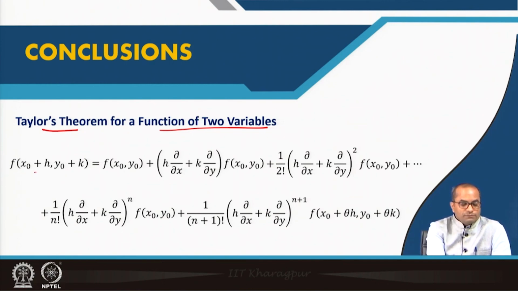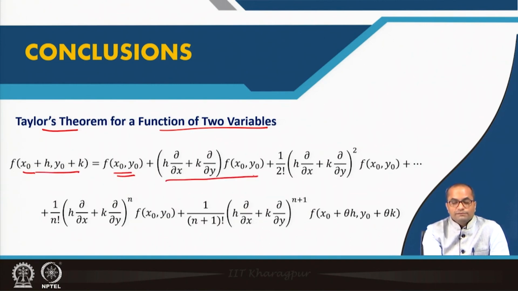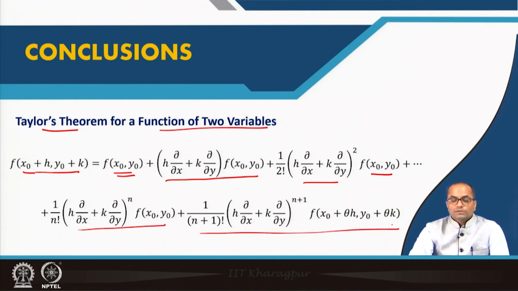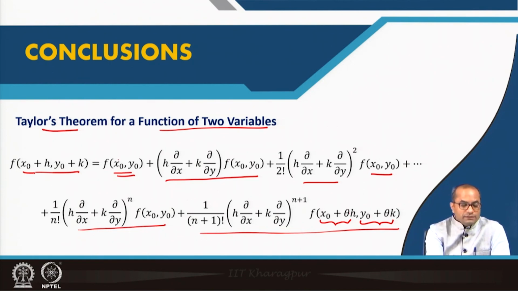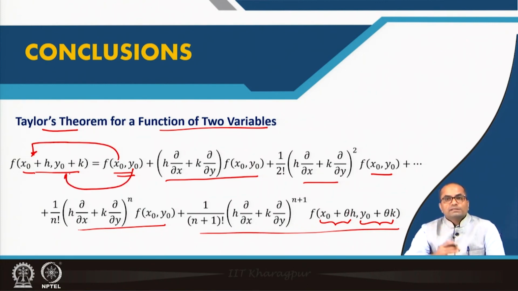So, here that was the point in the neighborhood which can be expressed in terms of this x naught, the first derivative of the function at that x naught y naught, the second order derivative of the function at x naught and y naught, and so on up to nth order, and there will be a remainder term where we have to evaluate that n plus 1th order terms at some variable point or unknown point which will lie between this x and x naught plus h and y naught plus k.